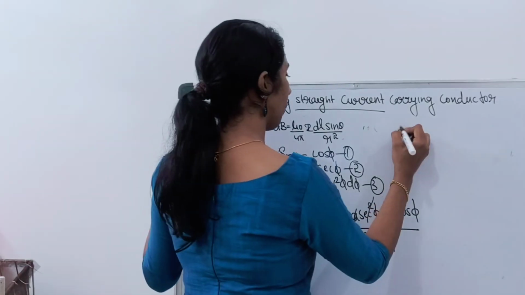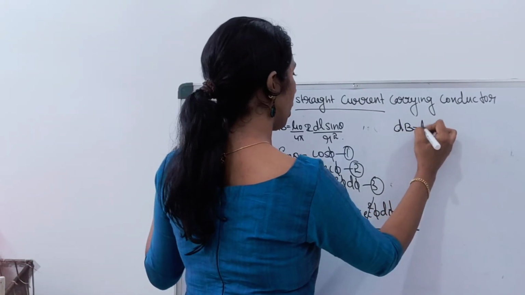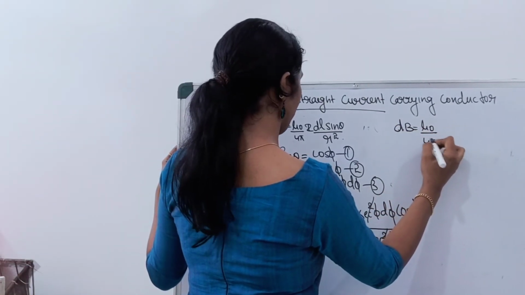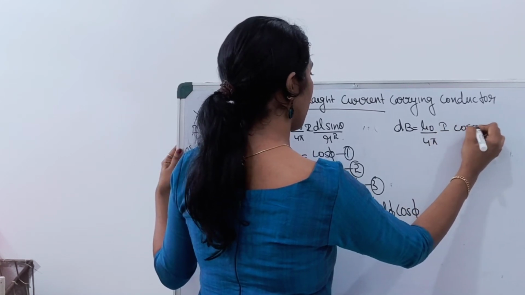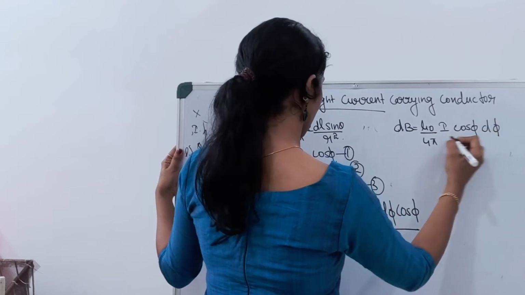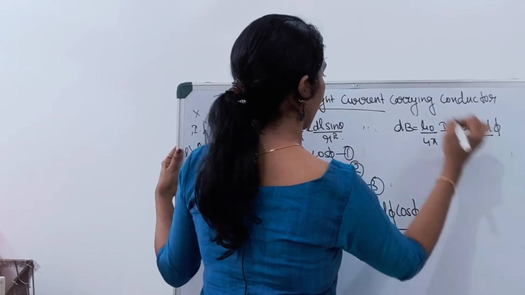Now the equation becomes dB is equal to mu 0 by 4 pi, I cos phi d phi divided by a.